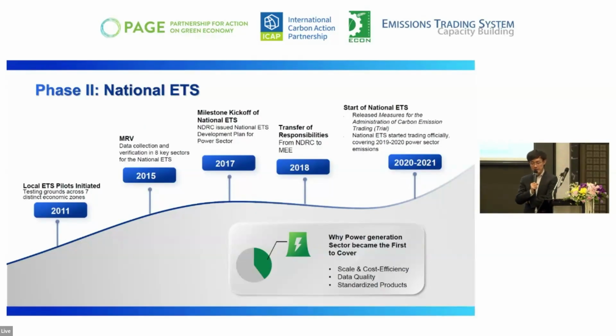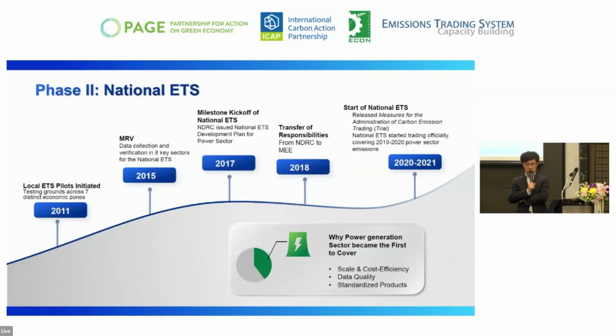But after 2018, the central government decided to move the climate change department and also the carbon market management responsibility from the NDRC to the current managing agency, the Ministry of Ecology and Environment, the MEE.